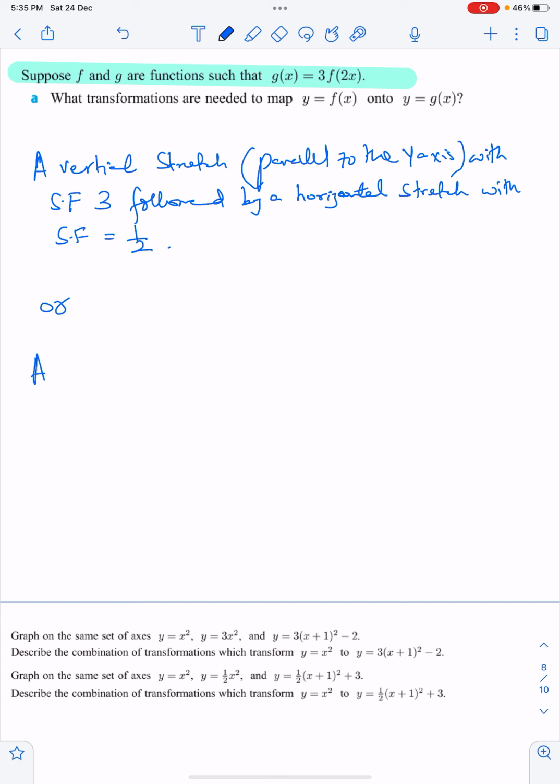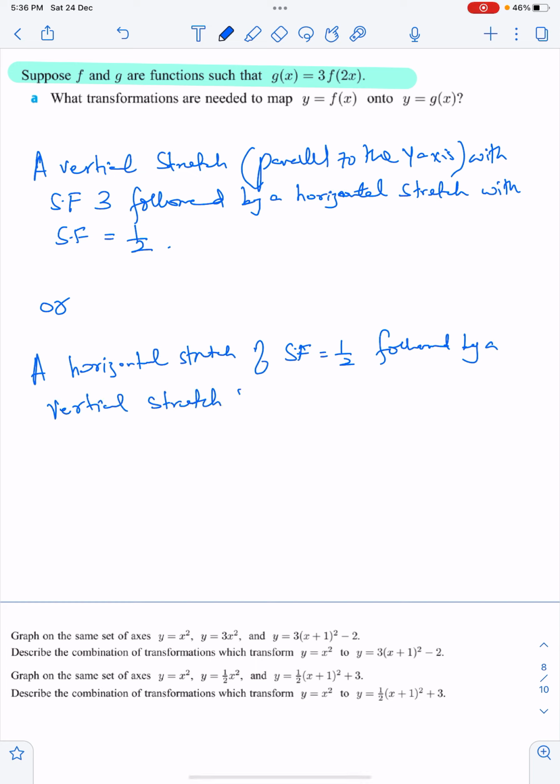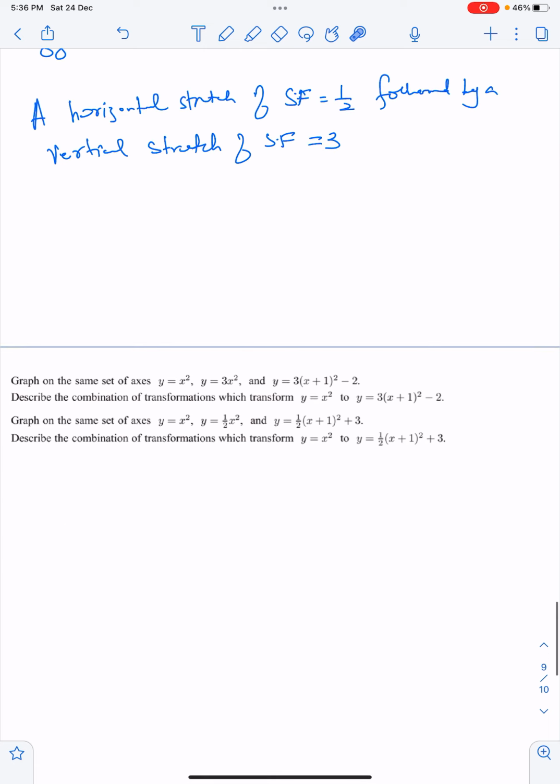Or you can write a horizontal stretch of stretch factor 1 upon 2 followed by a vertical stretch of stretch factor 3. Either you do the vertical stretch first or the horizontal stretch, eventually the final graph will be g of x. Okay.